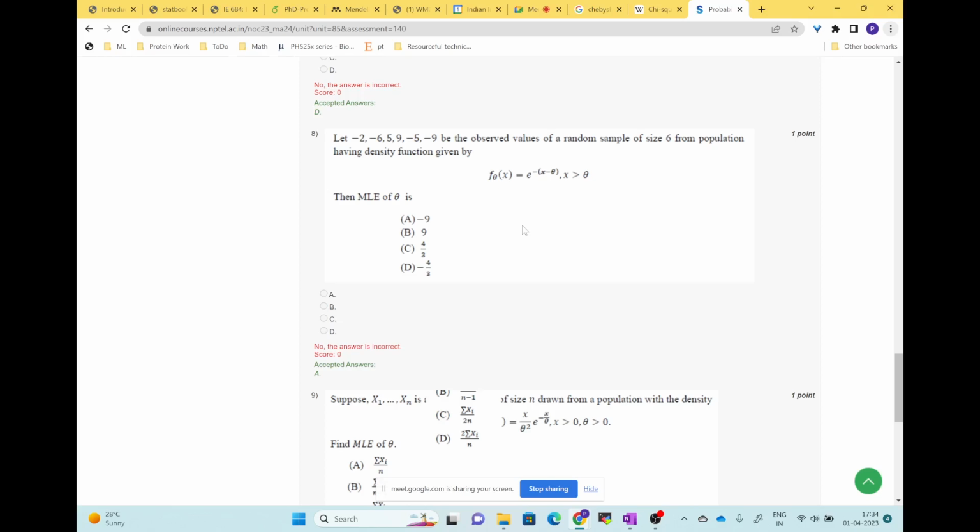Then summation of xi equals n theta. N here is 6, so 6 theta. So theta is 1 by 6 summation i equals 1 to 6 of xi, the 6 data points. So the MLE of theta, theta cap, is 1 by 6 of the 6 data points. I do it that way. Is this okay or not?